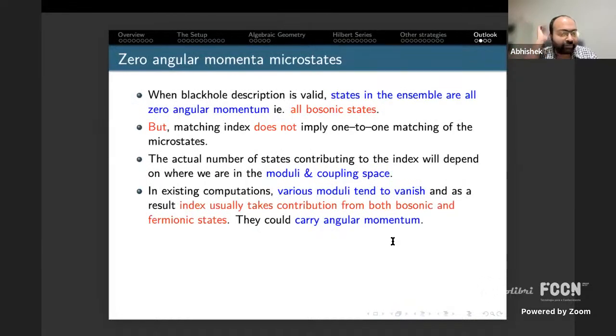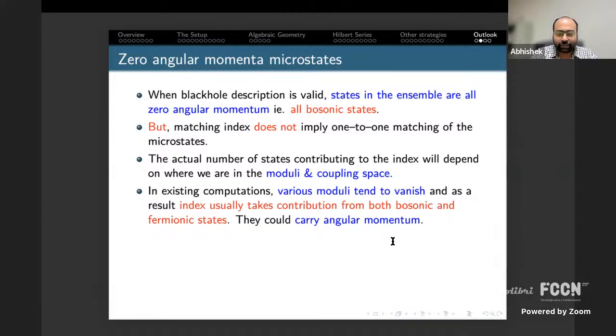So what we have discussed here is a de-Bruijn system where you have switched on certain background moduli fields, and this intersecting de-Bruijn system is counting the microstates for a 4-charge black hole. And it turns out that this counting is exact counting, in the sense, as I mentioned earlier, these points have only 0 angular momentum attached to them.